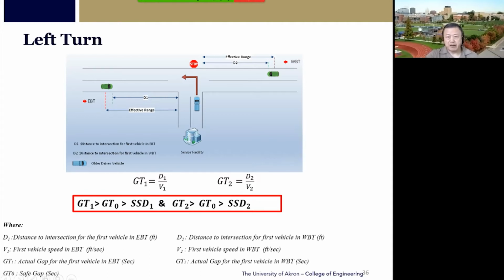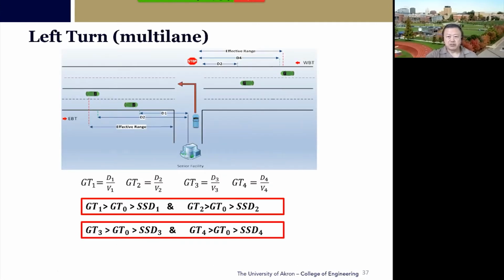We call it eastbound and westbound. You can see the conditions have to be satisfied. Both conditions have to be satisfied at the same time in order for the driver to have a safe gap. Now, in multi-lane situations, we have more conditions.